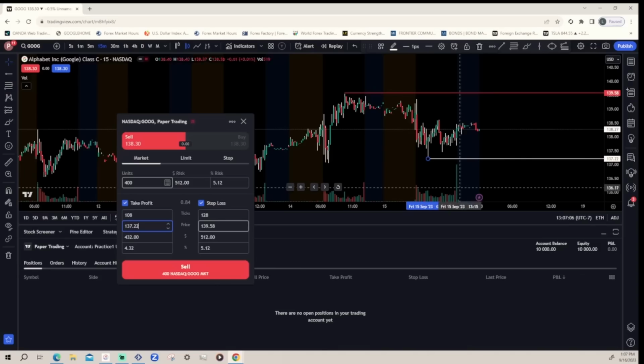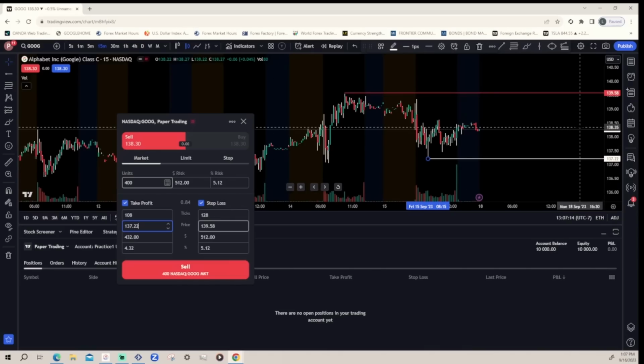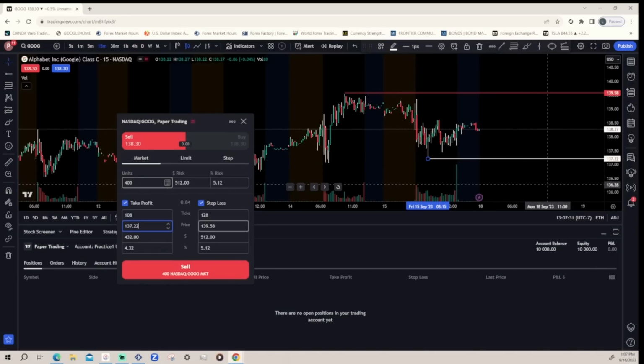All right, but again, I'm just demonstrating to you how you can manually put in your information for your take profit and stop loss so that you can kind of set it and forget it. All right, but it's all a part of mastering paper trading. And that's why all this is so important, because when you become more and more proficient, you can apply all of this knowledge to MetaTrader, and we'll talk about that in a later video.